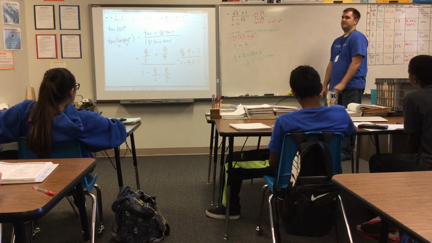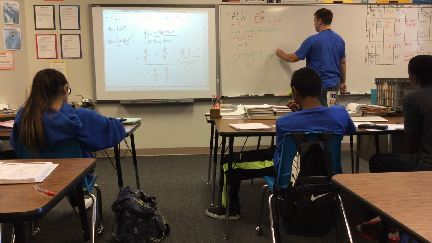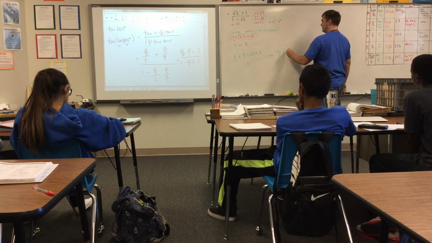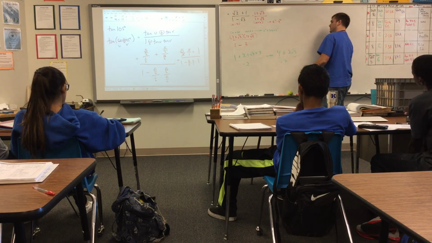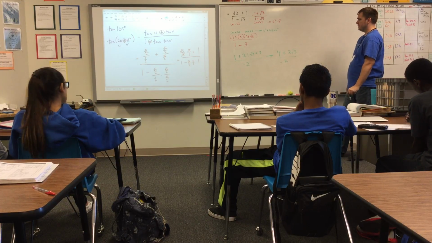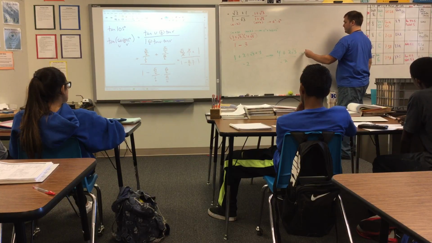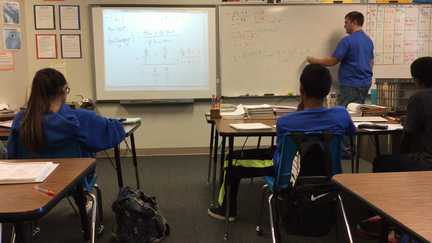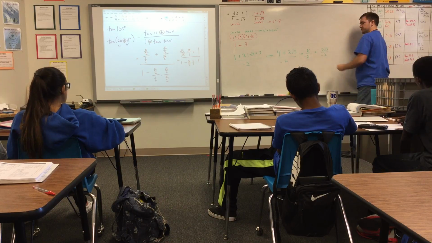Are we done yet? We're close. 1 plus 3 is 4. 4 plus 2 square roots of 3 divided by negative 2. However, I can actually split this up into 4 over negative 2 plus 2 root 3 over negative 2.